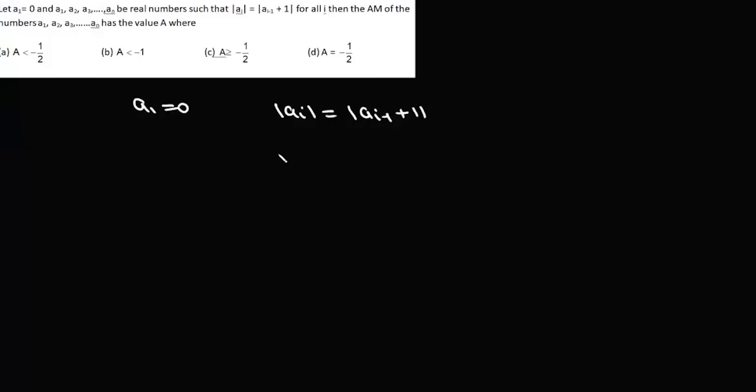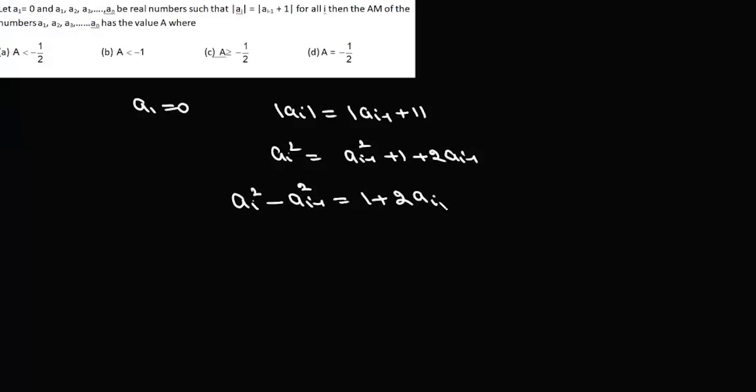Now we square these, we can write Ai square will be equal to A(i minus 1) square plus 1 plus 2A(i minus 1), or we can write Ai square minus A(i minus 1) square is equal to 1 plus 2A(i minus 1). Now for this A, we'll need A1 plus A2 up to An. So we'll start from A(n plus 1) square minus An square, and it will be equal to 1 plus 2An.